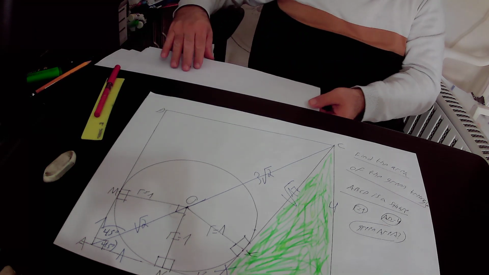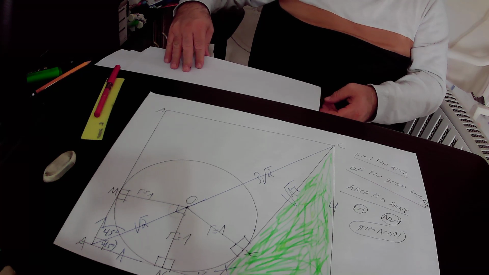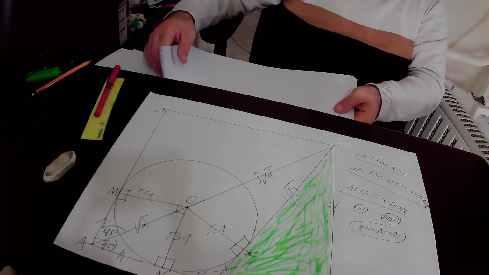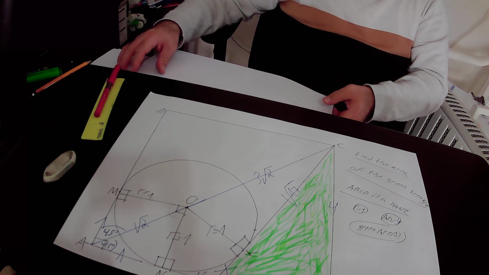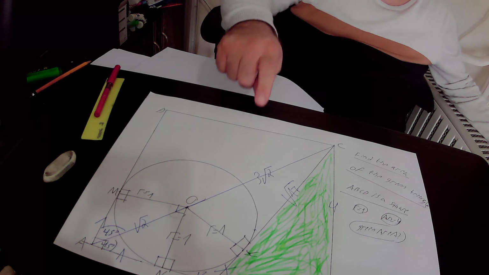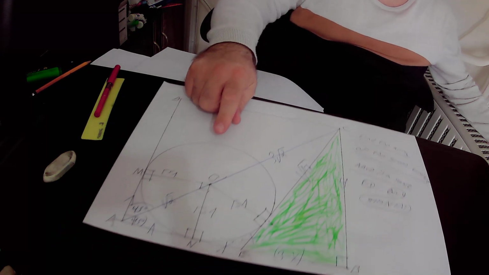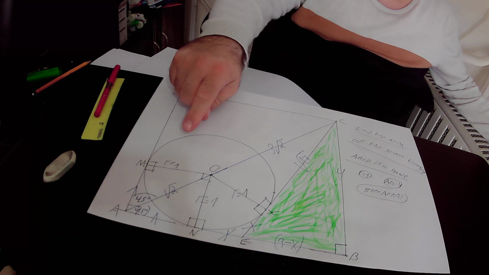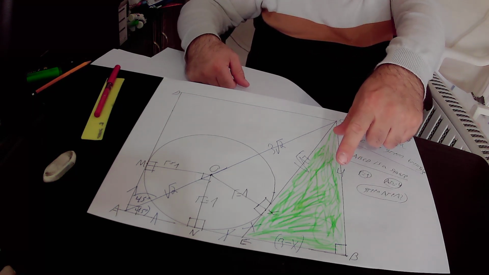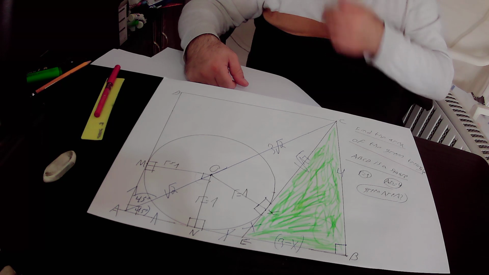We know that one side of square ABCD equals 4 units. Inside the square we have the circle. The radius of this circle is equal to 1 unit. And we want to find out the area of the green right triangle.